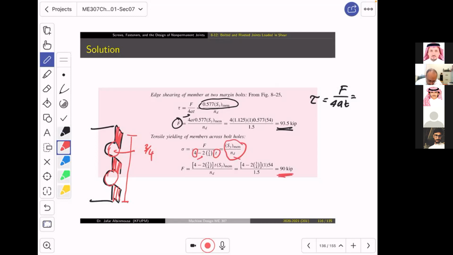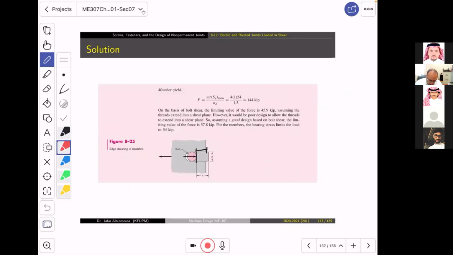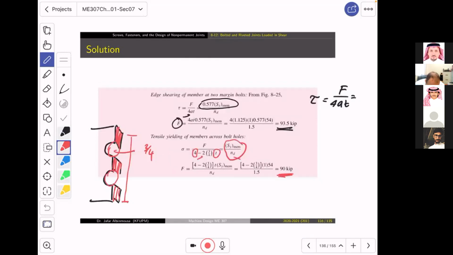And this is the yielding across the bolt. You may also get yielding in here. Do you see that? How about this part?